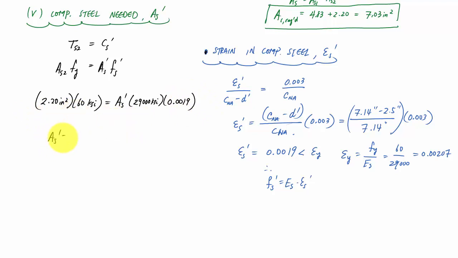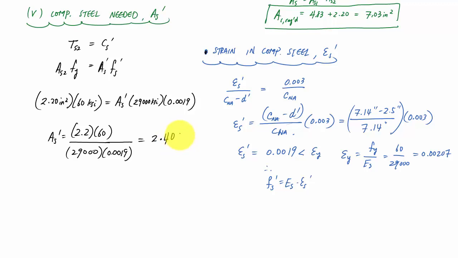So As prime, and what'd you get? 2.2 times 60 divided by 29,000 divided by 0.0019. 2.40.